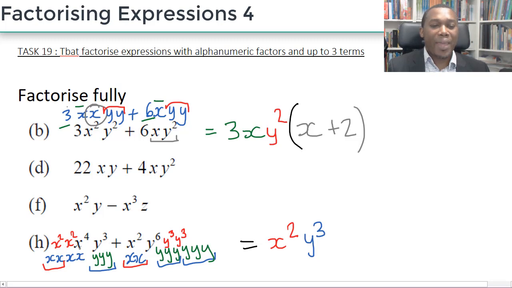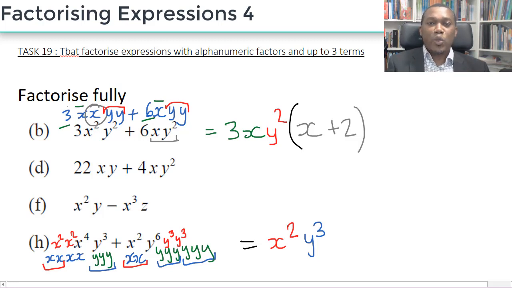the lowest power of x, you look at all your terms, and whatever is the lowest power of the first letter, in this case x, is going to be a common factor. Whatever is the lowest power of the second letter will be a common factor. What's the lowest power of x's I have? X squared. What's the lowest power of y's I have? Y cubed.